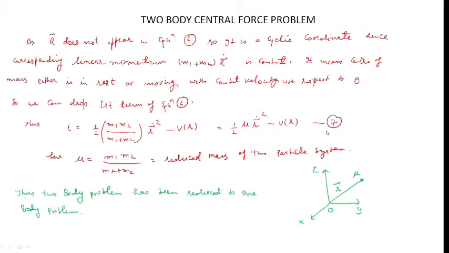This is equation number 7. Here you can see that a two body problem has been reduced to a one body problem, where the mass of the body is mu, which is called the reduced mass, and it is equal to m1 m2 upon m1 plus m2.